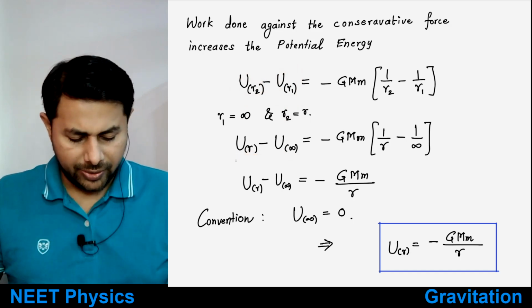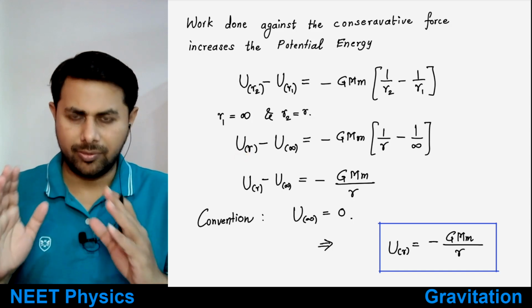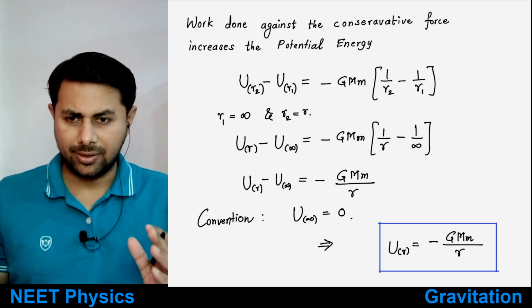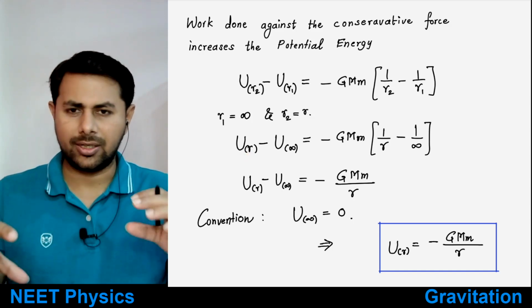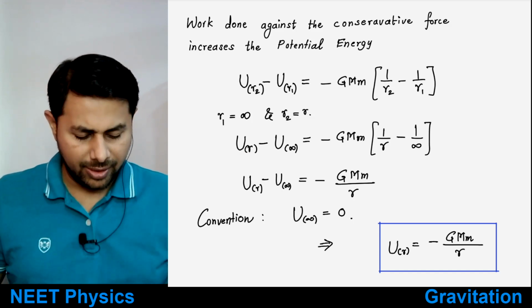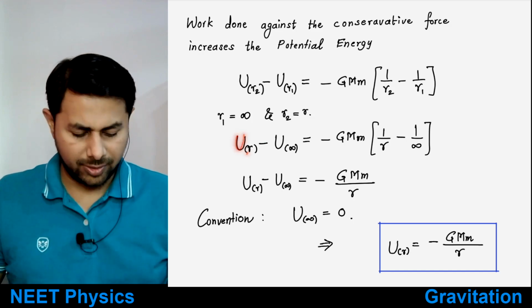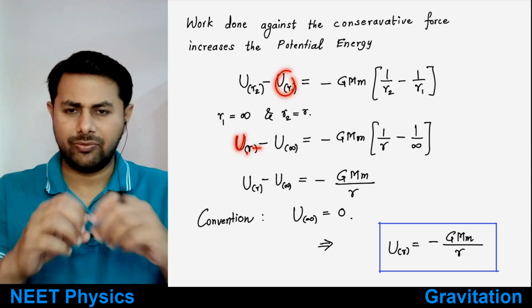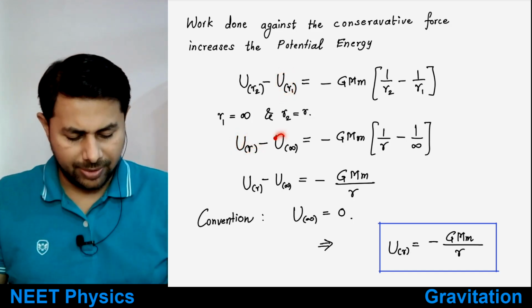Then what do we get? U at R, that means the potential energy of these two objects, Earth and the other object, when the separation between them is R, minus the potential energy when the separation between them is infinity.